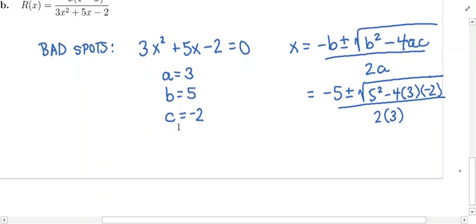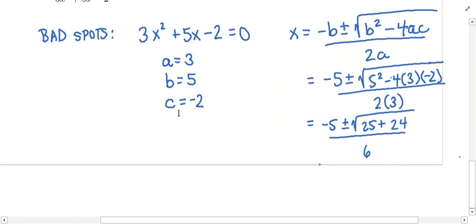All right. So if we simplify this, we will get our bad spots. So this is going to be -5 plus or minus the square root of 25 minus times minus will give you plus. 4 times 3 is 12 times 2 is 24, all over 6.